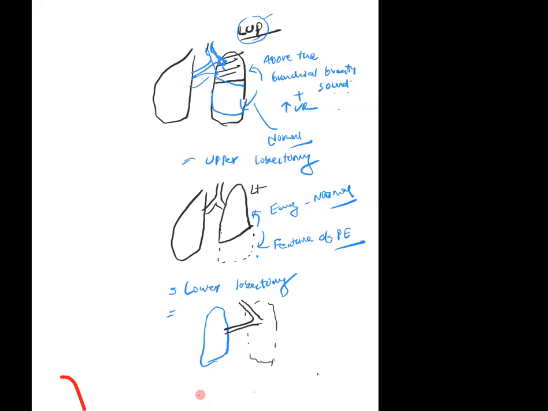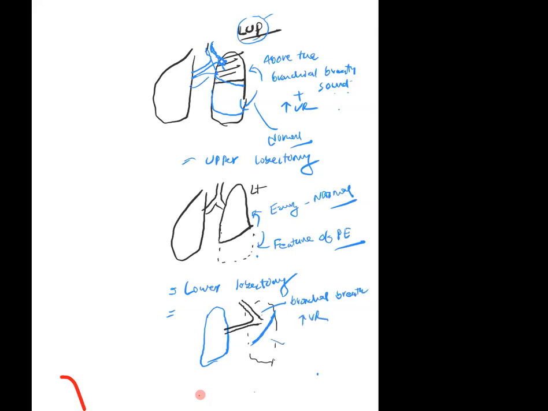This shifting of the trachea actually depends on the time. What you will find is there is a scar, but above the scar you will find the same thing as in upper lobectomy. That means a bronchial breath sound and increased vocal resonance.